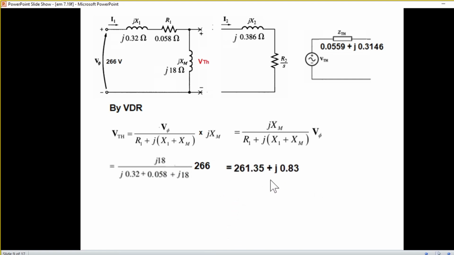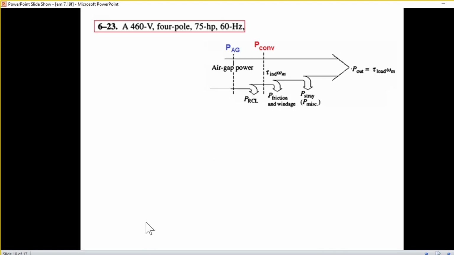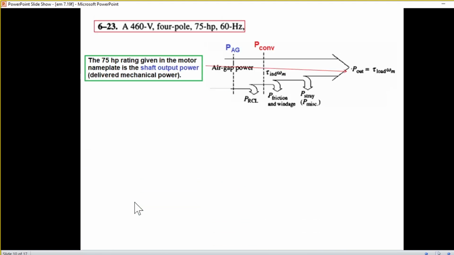Now here we need to convert it into polar. So this is the polar form 261.35, and we can write it to be approximately 261, but this is small compared to this, and the angle is almost zero, so we will not write the angle. So our V Thevenin is 261 volt. So the Thevenin part we have done.